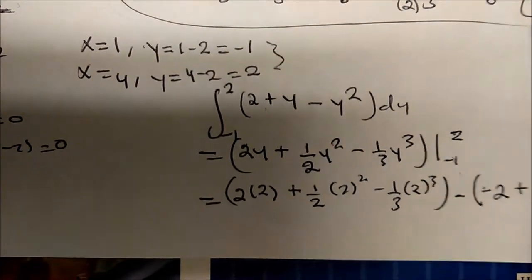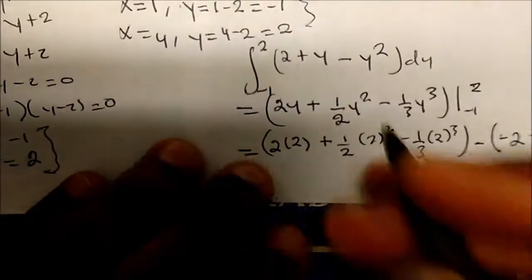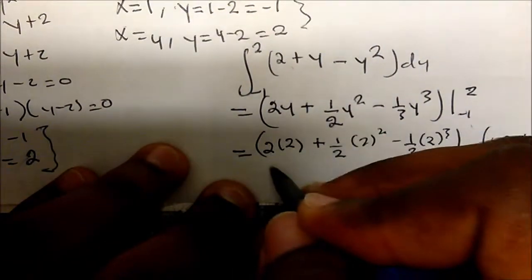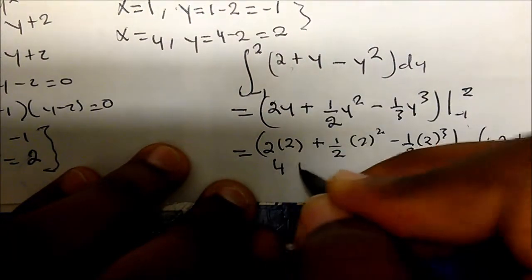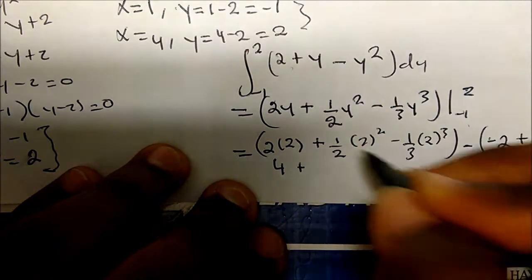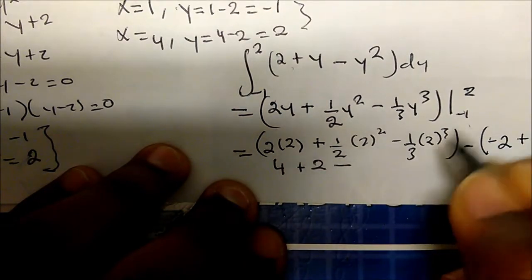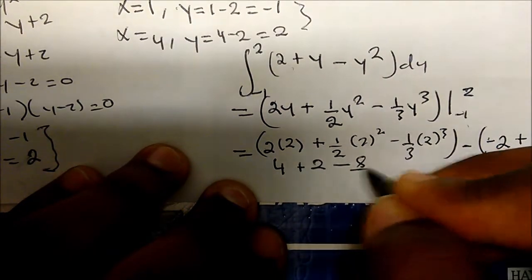Now we just got to do some simple arithmetic. Right, so 2 times 2 is just 4, so this is 4 plus 1/2 times 4, which is just 2, minus 2 cubed is 8, so this is minus 8/3.